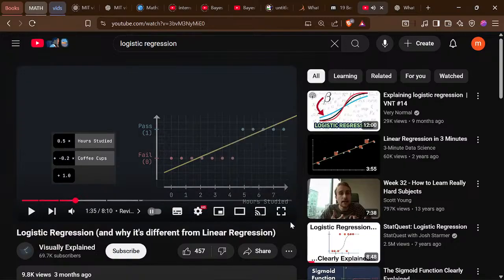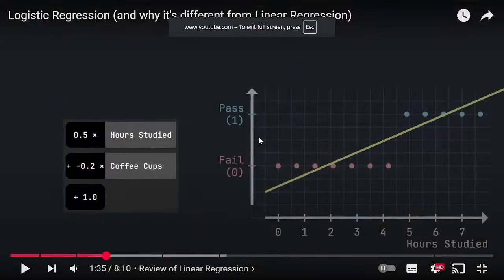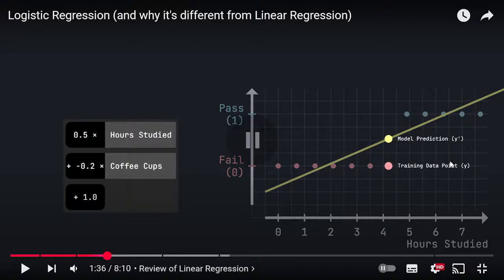But in this case, I think it will start from this point and go along here. I think that's the shortest path to everything. But obviously this data is not a linear regression.